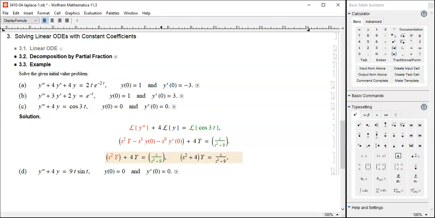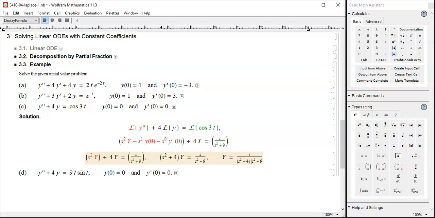Dividing by s squared plus 4, I'm going to get s over (s squared plus 4)(s squared plus 9). It is possible to take partial fractions here, and I'm going to get an As plus B form with respect to this quadratic, and another As plus B form with this quadratic.